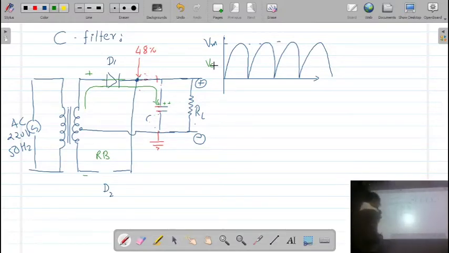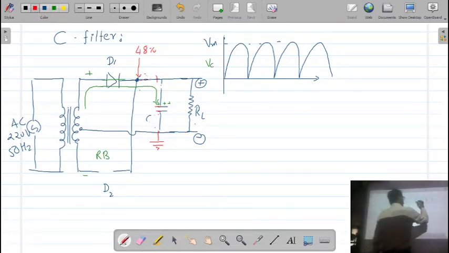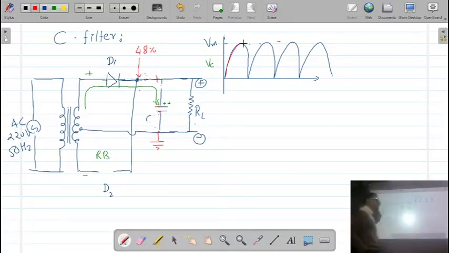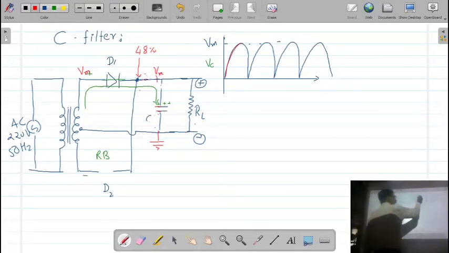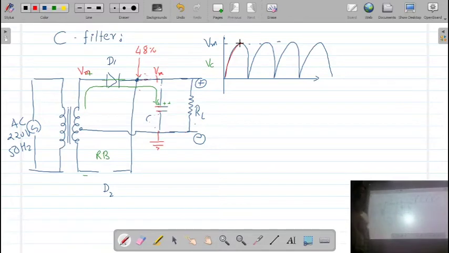So the output voltage, or the voltage across the capacitor, goes on increasing because the capacitor is charging. Maximum input voltage at this end is Vm. Therefore, the capacitor will also charge up to a maximum value of Vm at this stage.